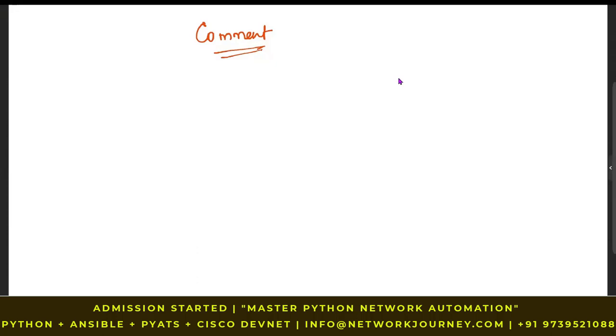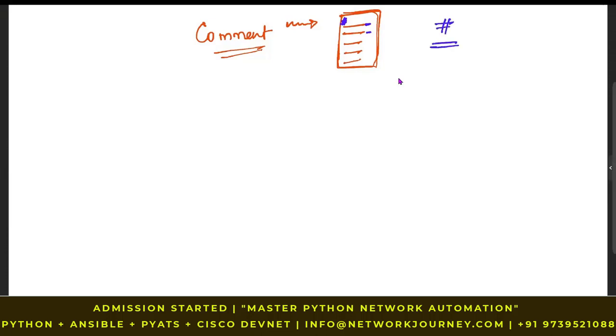Yes. So see, comment also has its own unique approach. Say, for example, I have a script with multiple lines. Now, how do I come to know what this line was? So I can put a comment there, with the hash symbol.